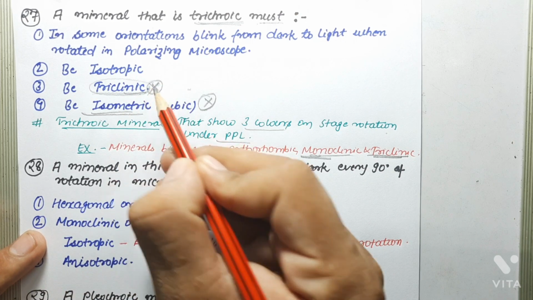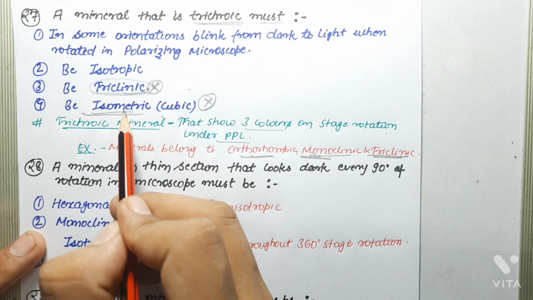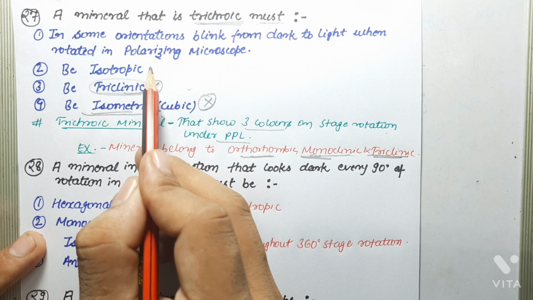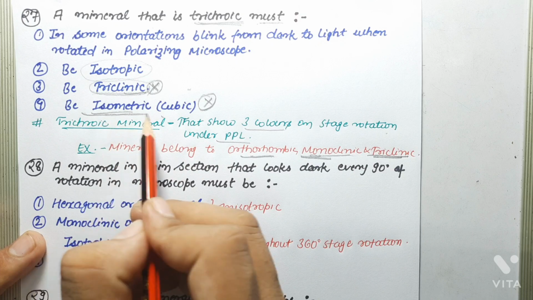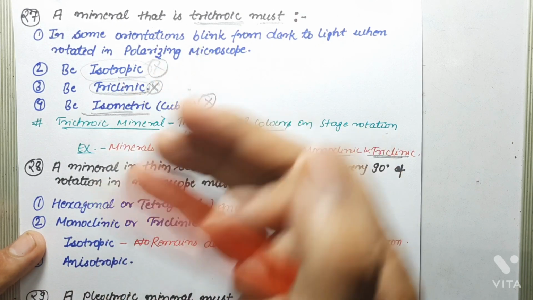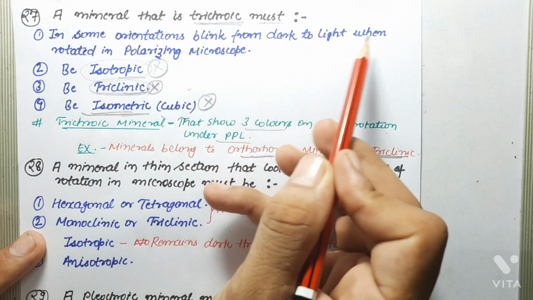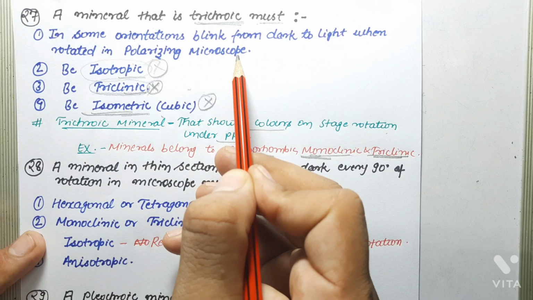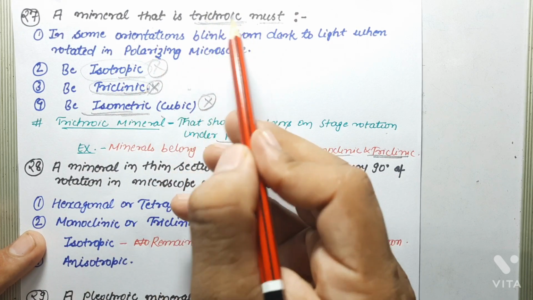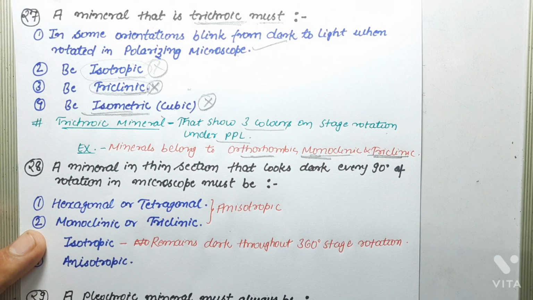Be isotropic. Minerals of isometric crystal systems are isotropic, so this is also not the correct answer, and isotropic minerals are clearly non-pleochroic. Now, in some orientation blink from dark to light when rotated in a polarizing microscope. So clearly a mineral that is trichroic must possess this condition. So the correct answer is this.